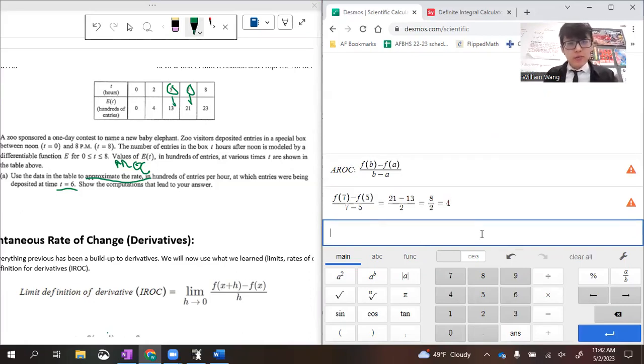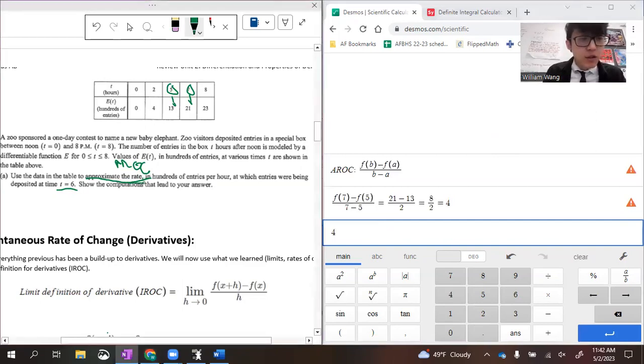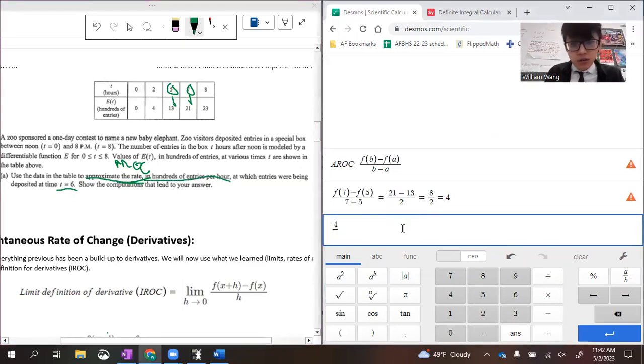And I want you to have the units here. So they give you the units. The units is the change. Remember, so 4, the units for y over the units for x. Well, my units for y is hundreds of entries. So 4 hundreds of entries. The units for x is hours. So you don't have to actually overthink units, even if they didn't tell you.